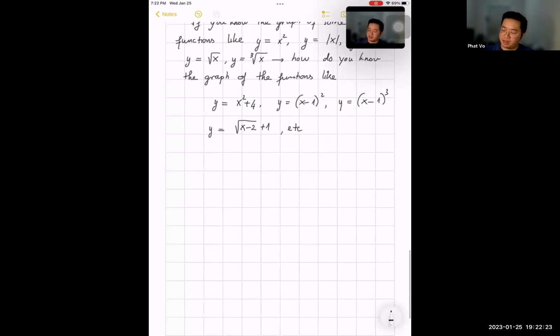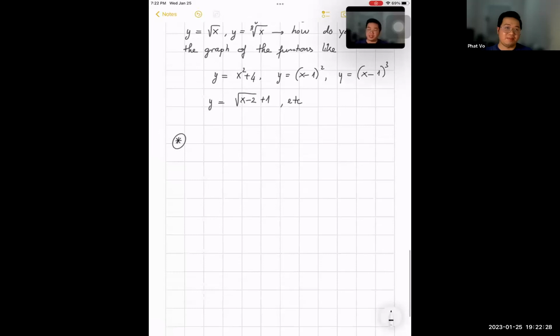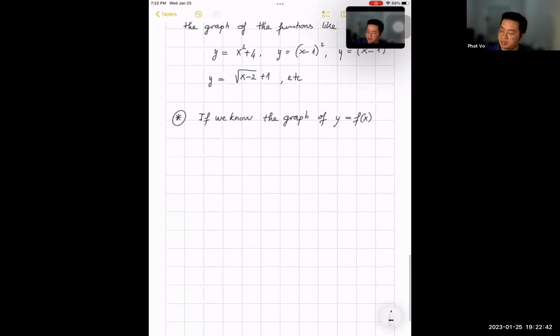Okay, so now we go to the first point of this section. If we know the graph of the function y equals f(x), how do we know the graph of y equals f(x) plus c and y equals f(x) minus c, where c here is a positive number?